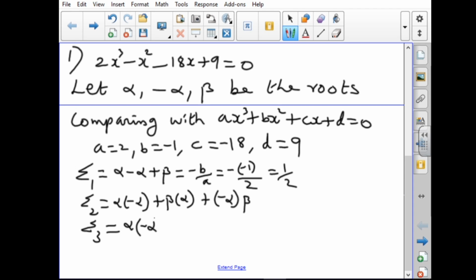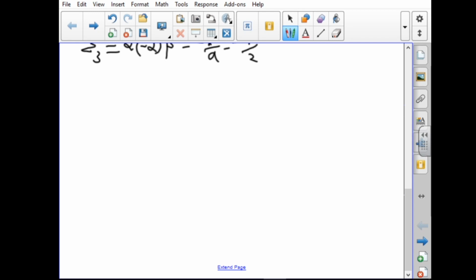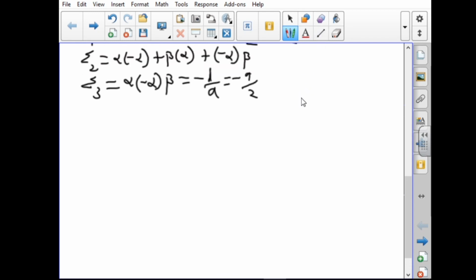Alpha into minus alpha into beta, which is equal to minus d by a, where d is 9, so minus 9 by 2. So now we get alpha times minus alpha square beta, that is, minus alpha square beta is equal to minus 9 by 2.